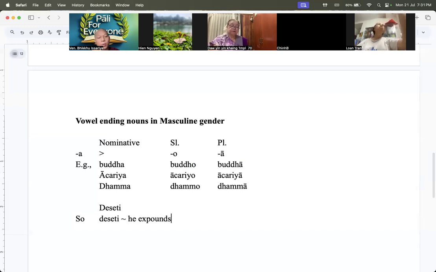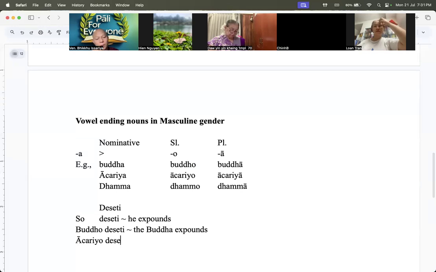But now instead of so, we can say Buddho deseti. The Buddha expounds, like this. And then Ācariyo deseti. The teacher teaches.